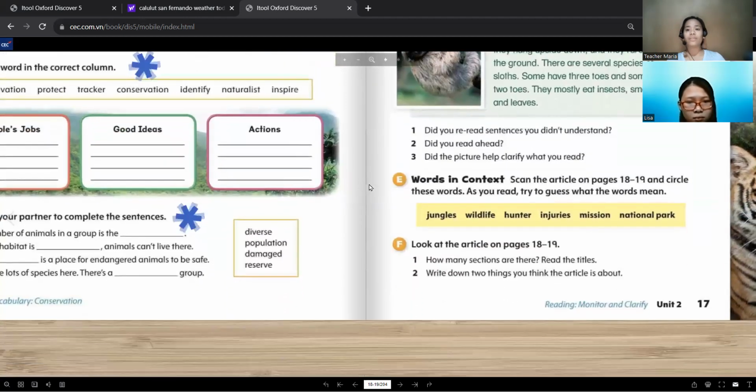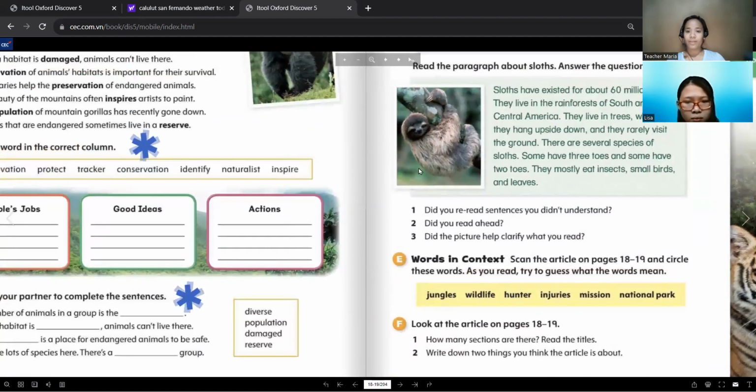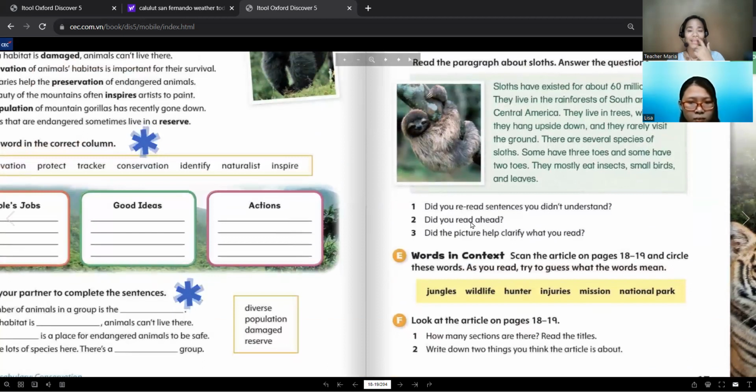So here in letter E, you don't need to reread because I'm pretty sure that you understand what you've read. Now, can you read the keywords on letter E?